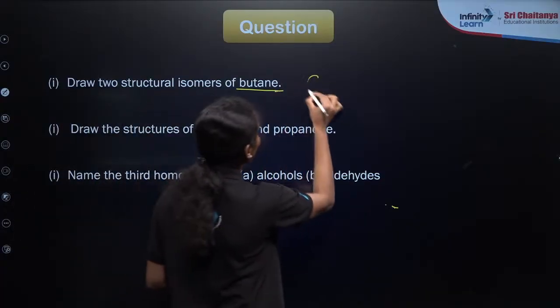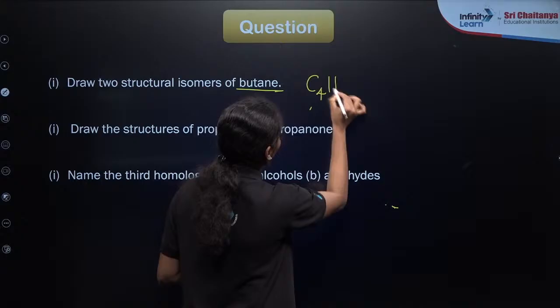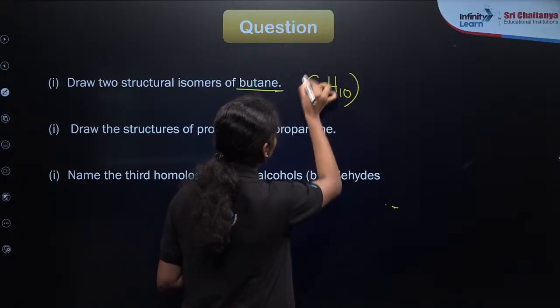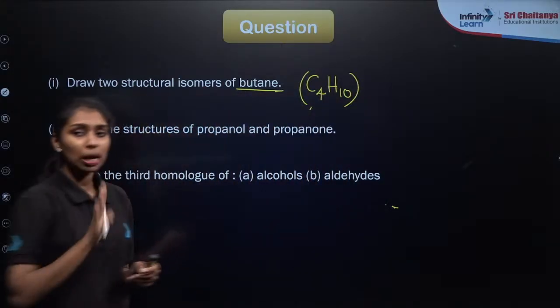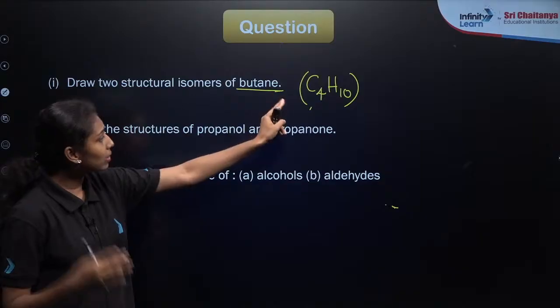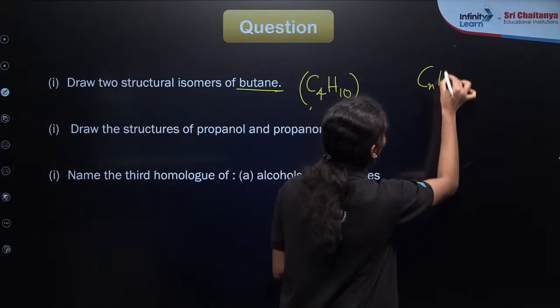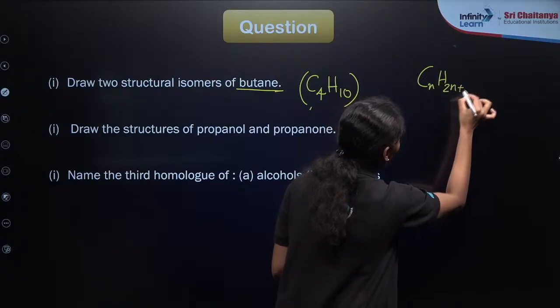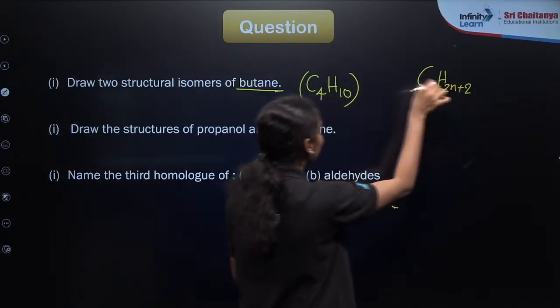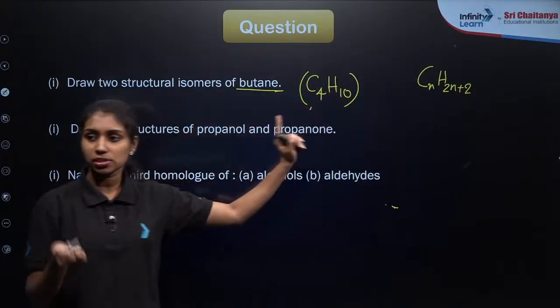As we already know, the molecular formula of butane is C4H10, right? But stands for 4 carbon atoms. Ane is the single bond which is in an alkane. So the general formula of an alkane will be CnH2n plus 2, right? So if I am putting the value of n equal to 4, we will get the formula of this compound as C4H10. Clear?